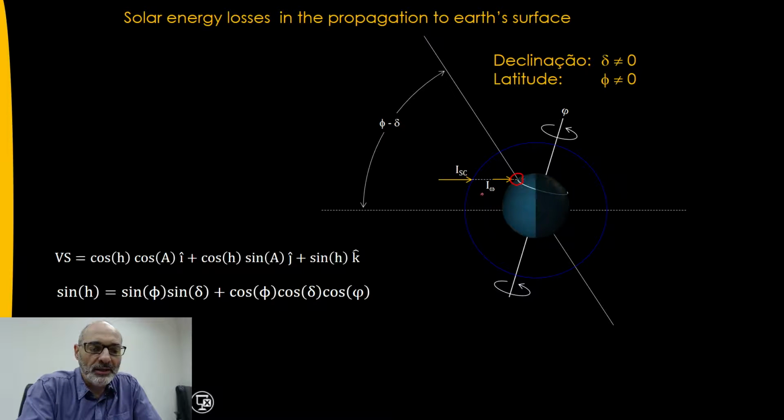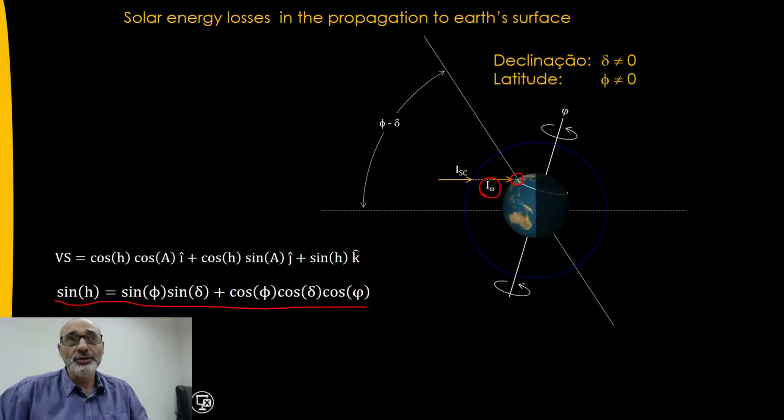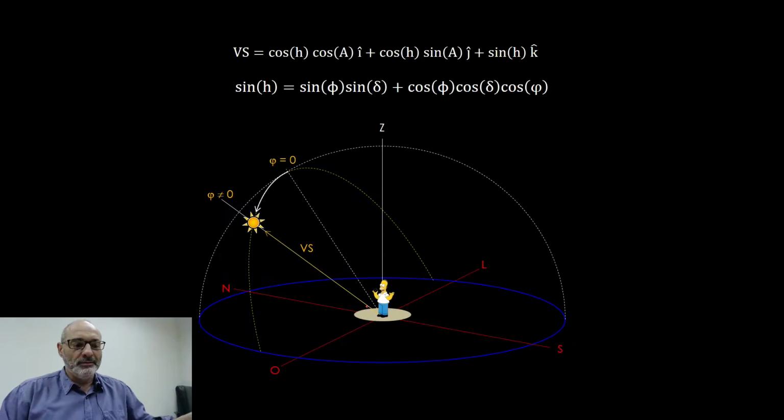The amount of energy, I omega, we know how to calculate this as a function of everything, and we also know where the sun is going to be, because we know the sun vector. So what we need to do is use these formulas in our solar power plant design.